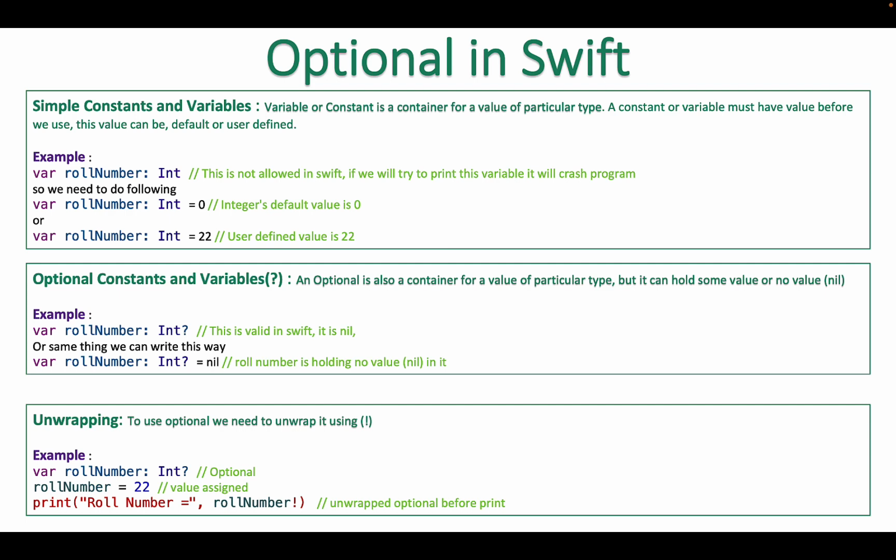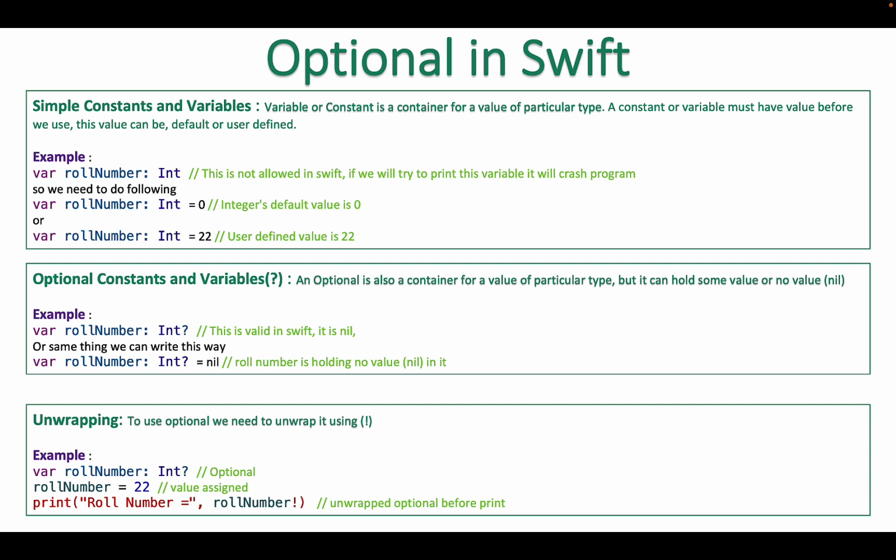While if you come to the example of optional, see there is a slight difference. The variable has the same name, roll number, data type is integer, but it is marked as optional by using the question mark. So here it is valid.